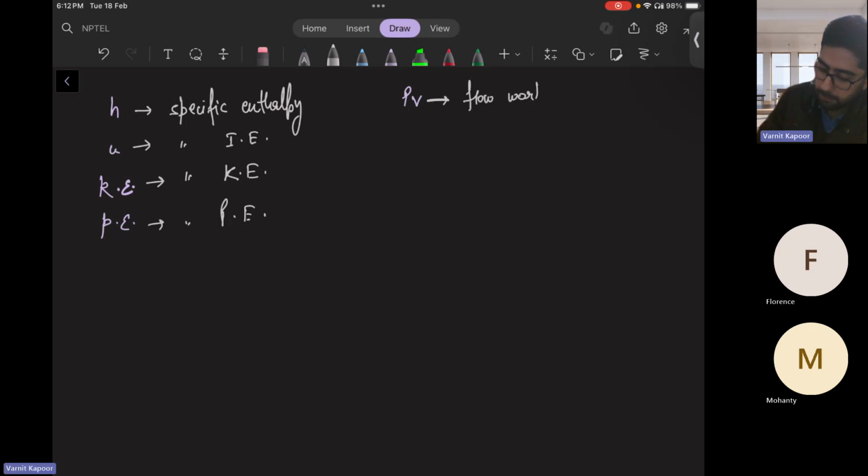We discussed the meaning of flow work in the enthalpy discussions. Z is the datum head.